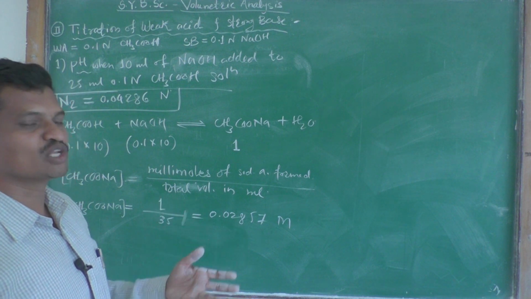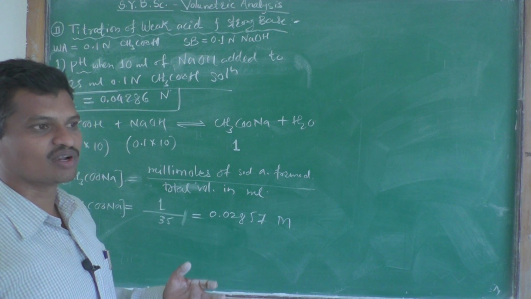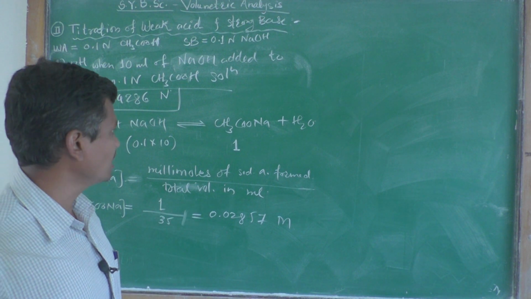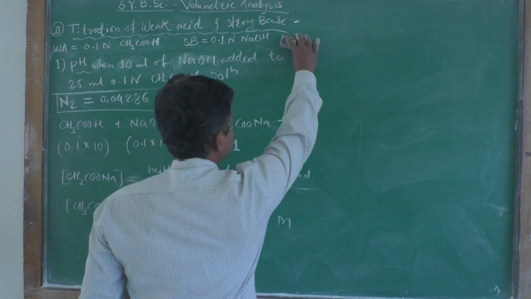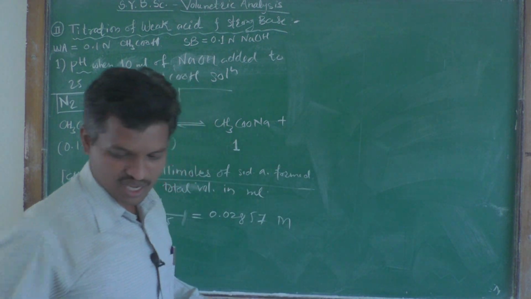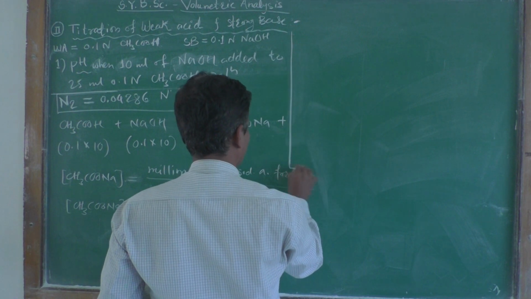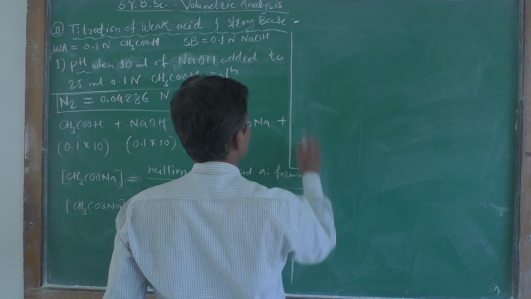So there is a formation of an acidic buffer in the conical flask, and hence the concentration of H plus ion of this acidic buffer can be calculated by using a formula.